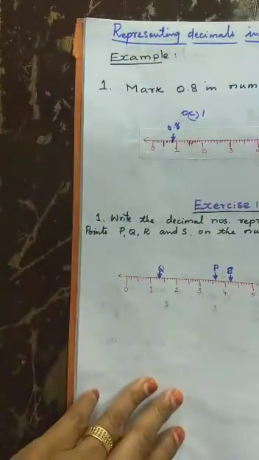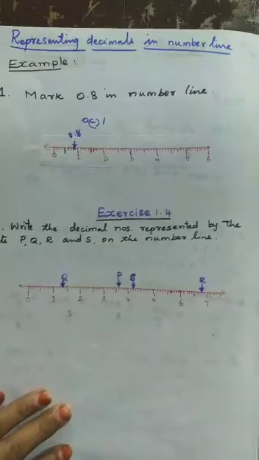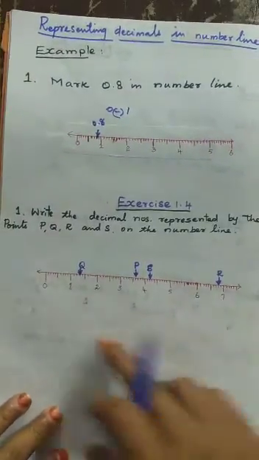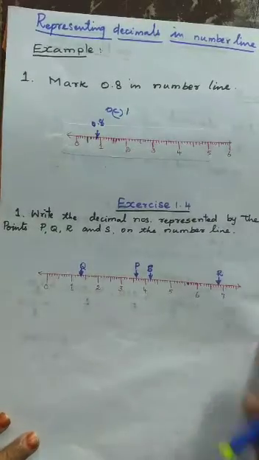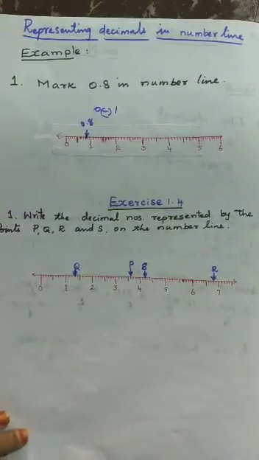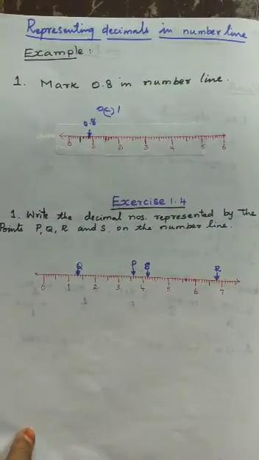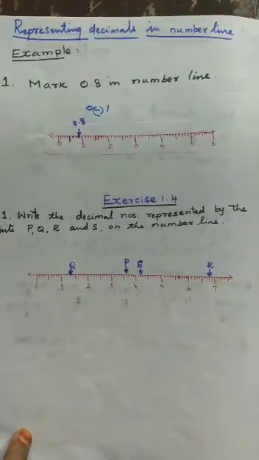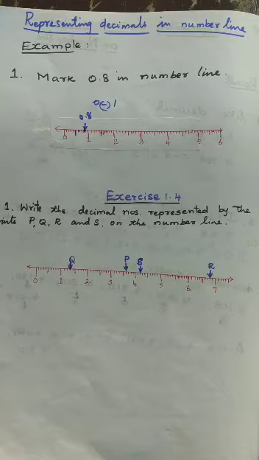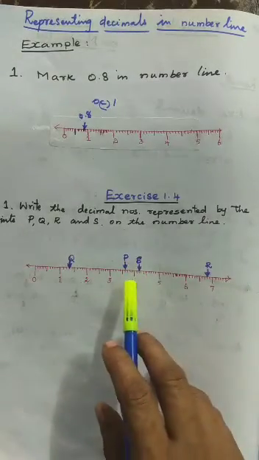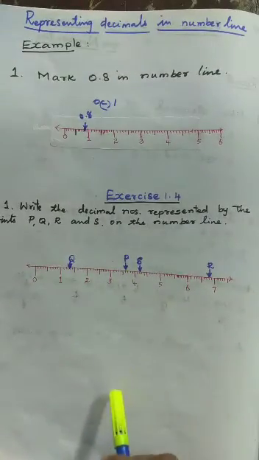We shall see the exercise problem. Exercise 1.4, first problem. Write the decimal numbers represented by the points P, Q, R and S on the number line. They have given the number line and marked P, Q, R, S on it. We have to say on which point each lies.